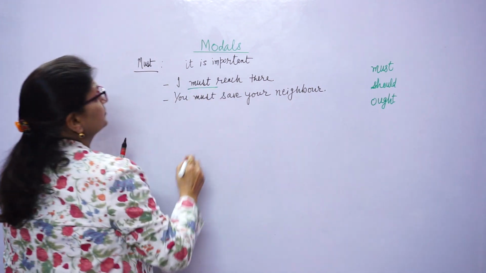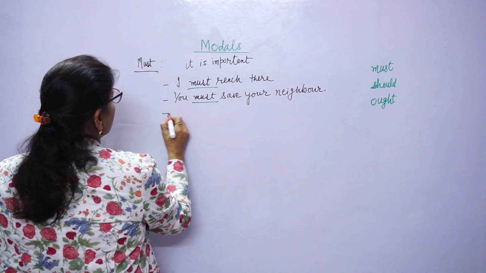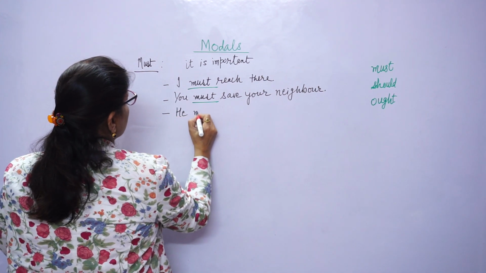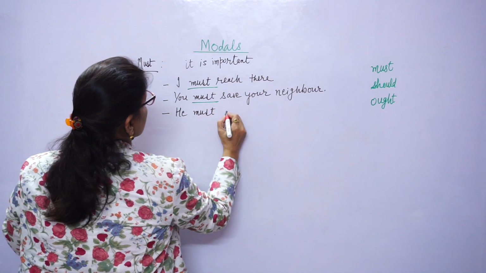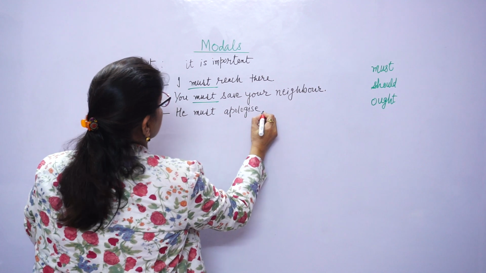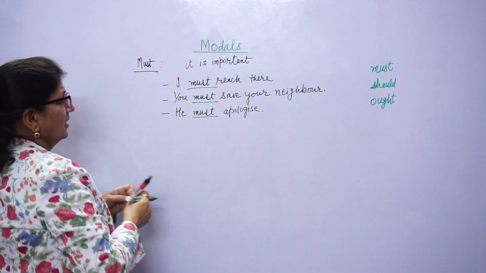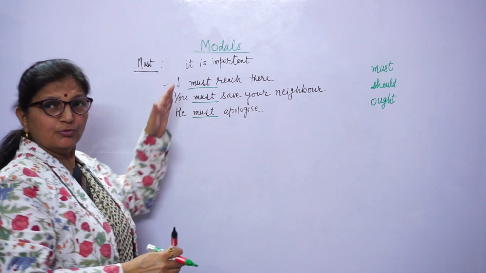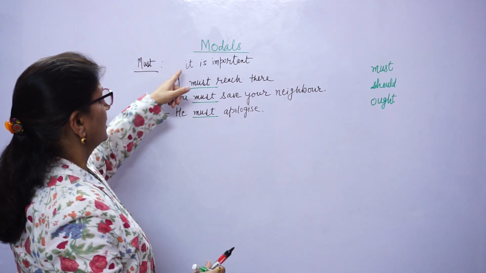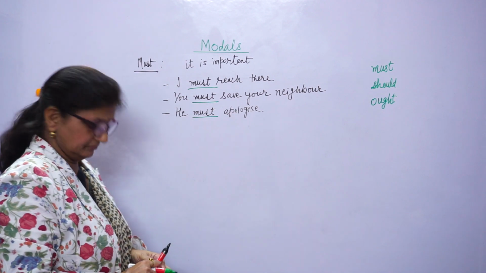Must. One more example. He must apologize. So in these three sentences, the activity or work is done because it's important. So we have used must.